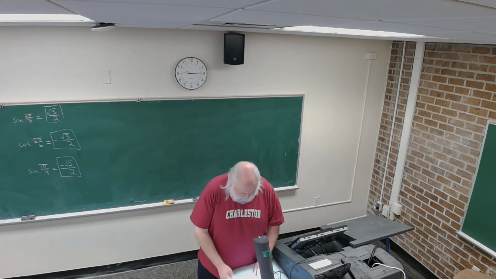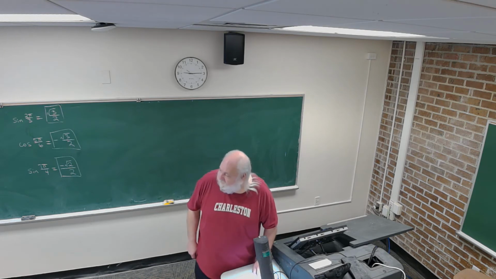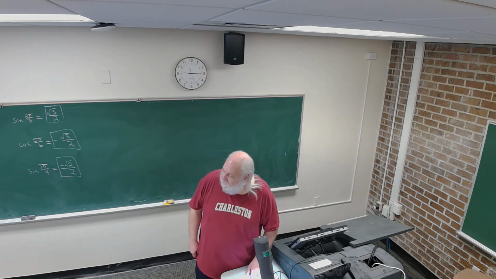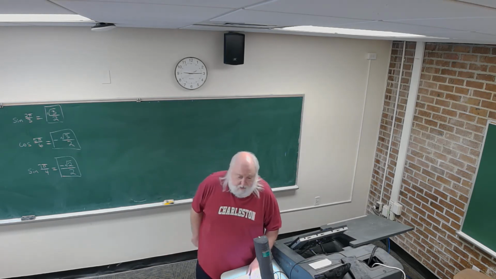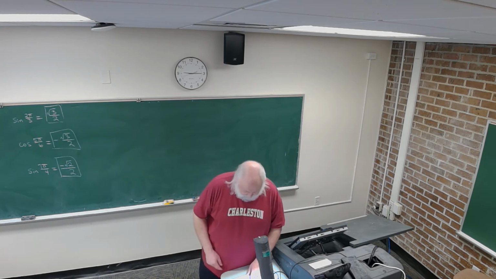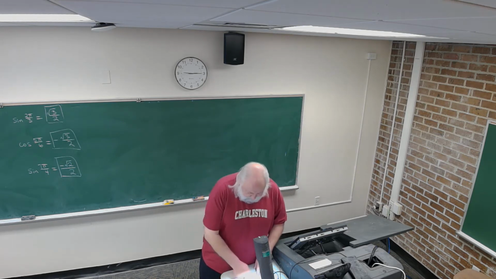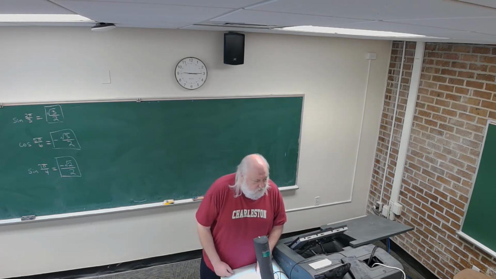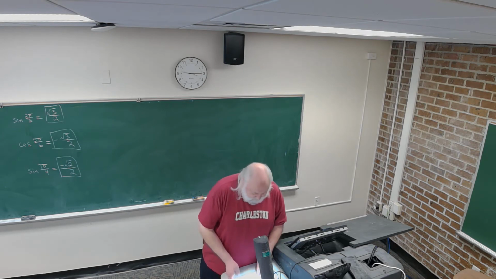These angles, 30 degrees, 45 degrees, and 60 degrees, we know the exact value of sine and cosine for those angles. And these other angles have numerical values that are either plus or minus 1/2, plus or minus square root of 2 over 2, or plus or minus square root of 3 over 2. So it's like the same set of numbers; it's either going to be positive or negative.